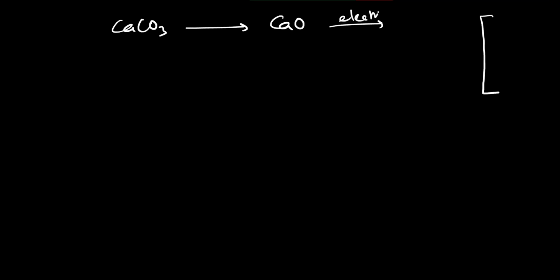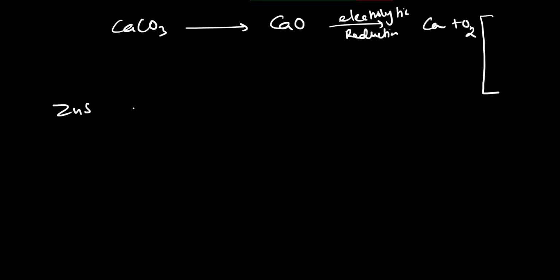After extracting the metals, by different methods, we have extracted the metals from their ores. For example, if we have calcium carbonate, first we convert it into calcium oxide, and then by electrolytic reduction, because this is on the top of the series, we get calcium plus O2.